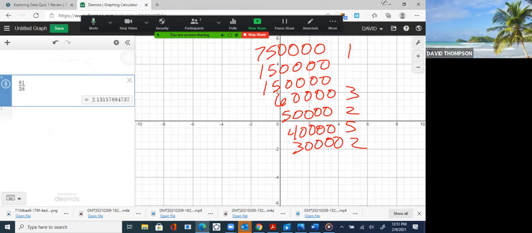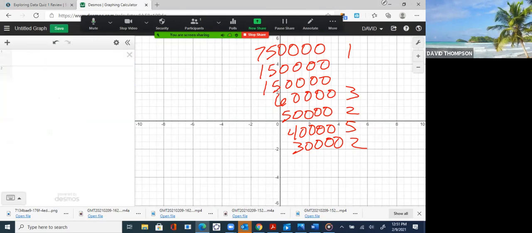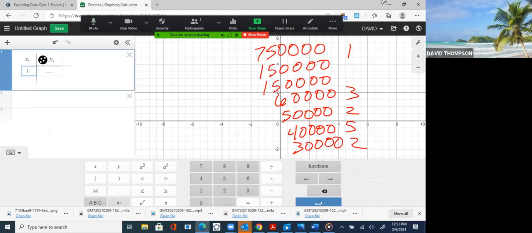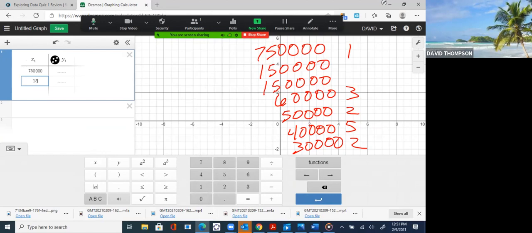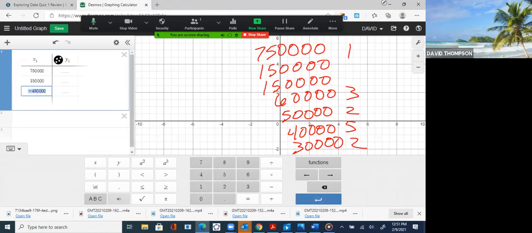We'll hit clear, we'll clear everything out. We'll add a table. So now we're just going to type in our numbers. Be careful, do not add in commas, otherwise Desmos does not recognize it. Enter. So 750,000, 150,000, another 150,000.